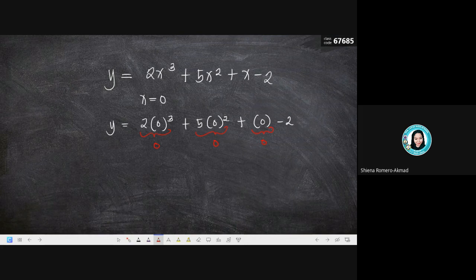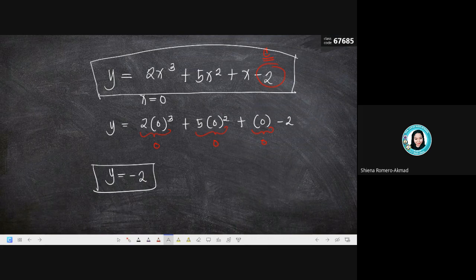So, kapag may nakita kayong ganyan, mostly, kung ano yung constant, yun na po yung y. So, y here is equal to negative 2. So, kapag hindi naka-factored form, tulad nito, at kukunin nyo yung y-intercept, mostly, the constant term is the y-intercept.